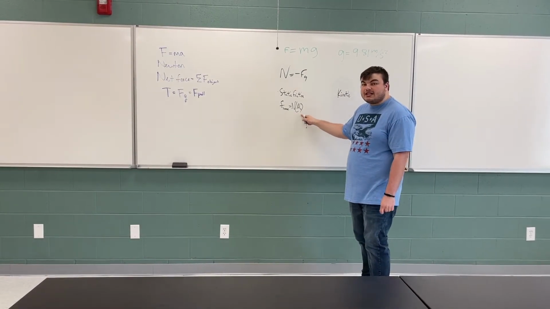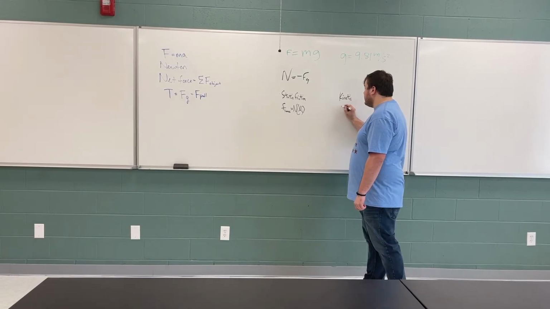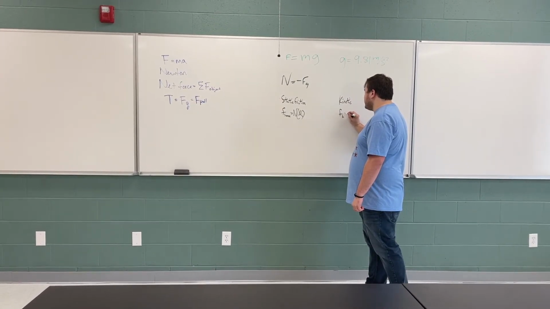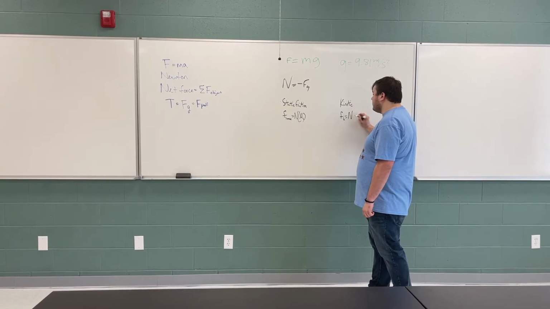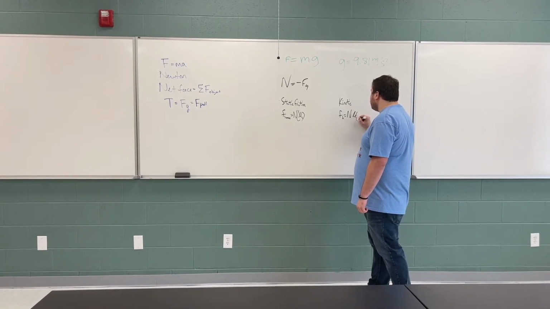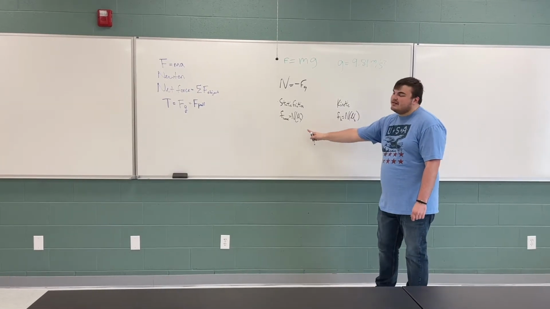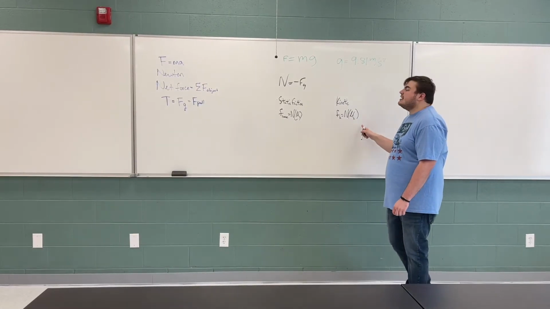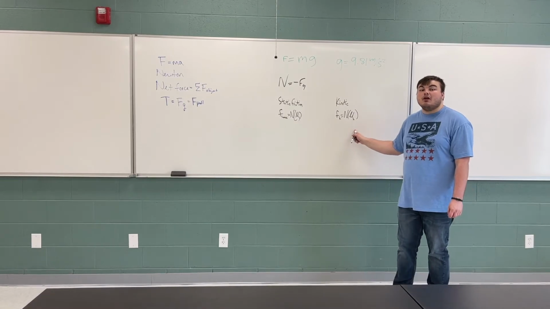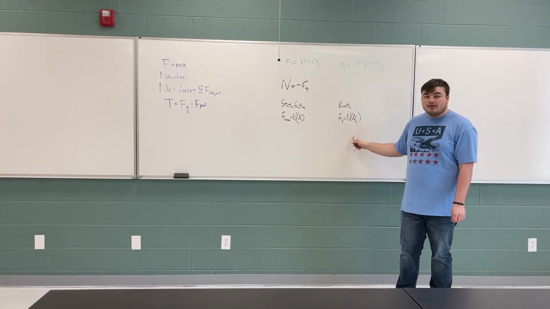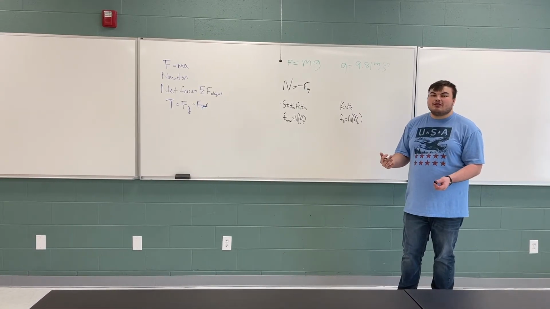Once this is reached, we start finding the kinetic friction, which is the normal force times the kinetic coefficient. This tends to be smaller than the static one, and the kinetic friction always wants to slow down movement. Think of it kind of like moving through molasses.